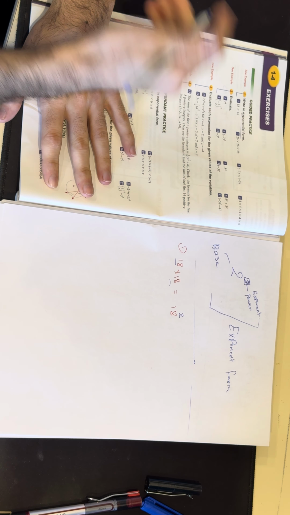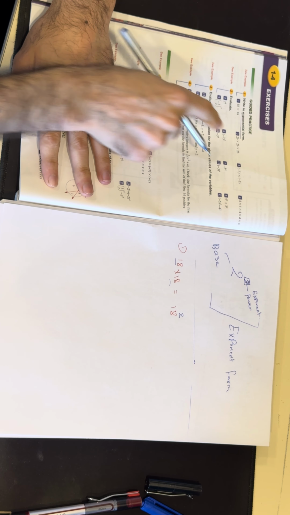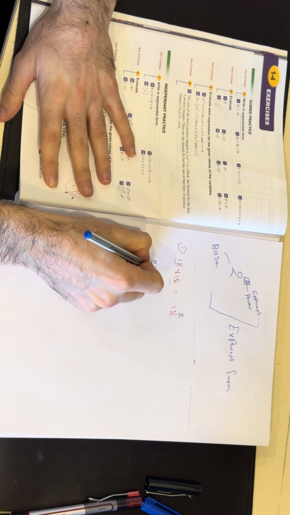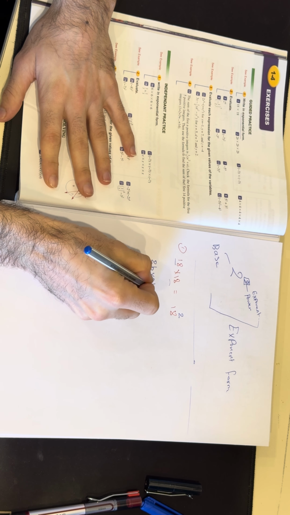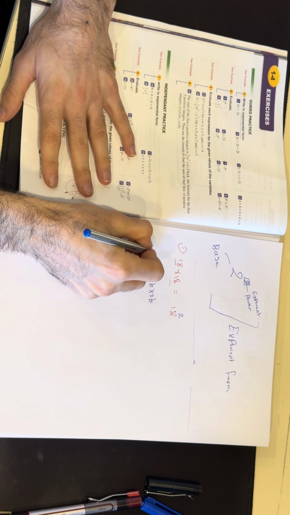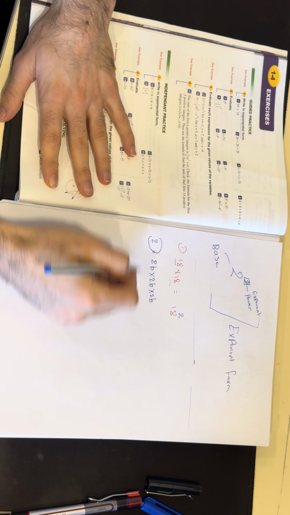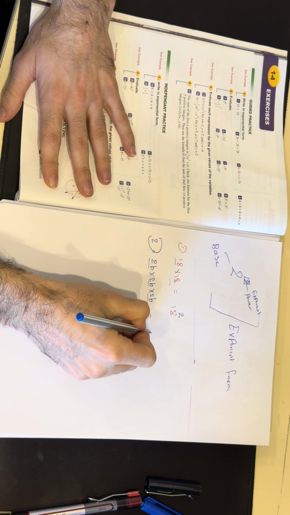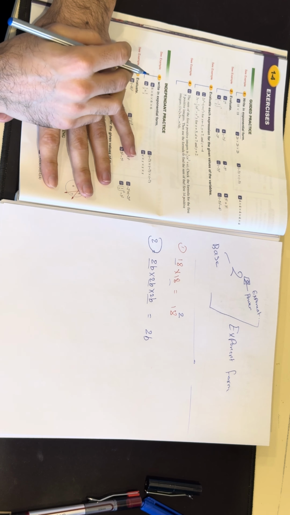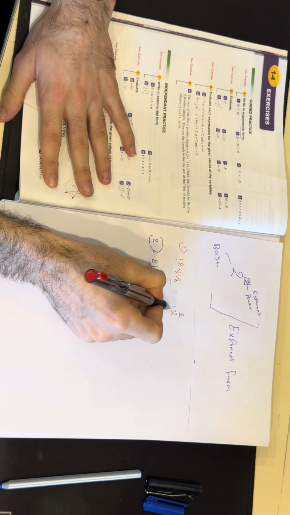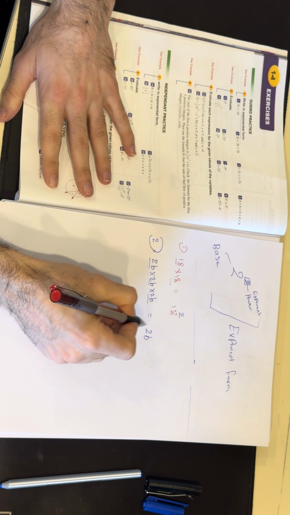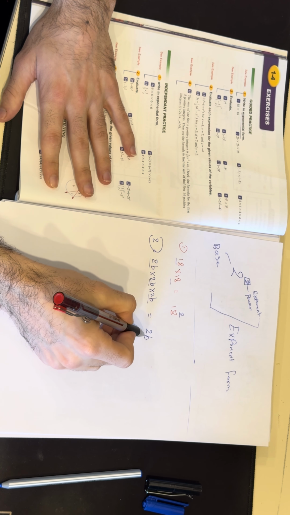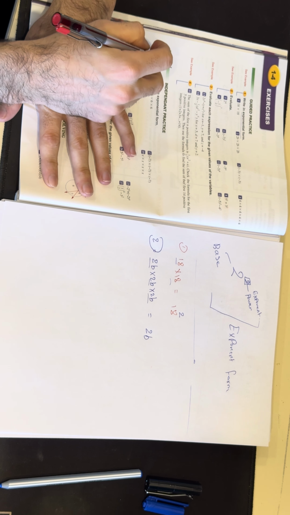If you take a look at the second one, we have 2b times 2b times 2b. It's question number 2. Now how many times is 2b repeated? 3 times. So I'm going to write 2b, but in this one we have two things: a variable and a constant number, the coefficient.